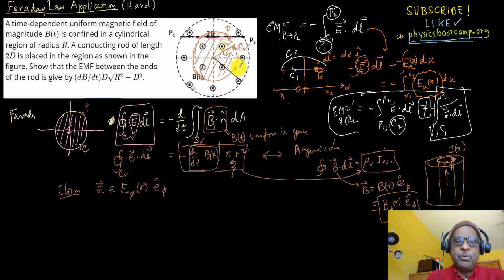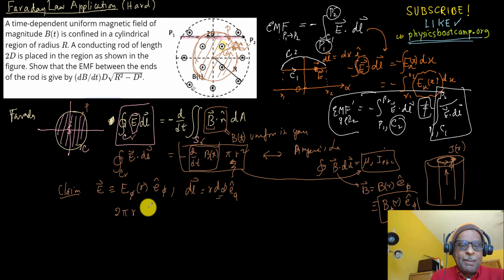So if I go out here, if you look at the dl by a small component, dl will simply be r d phi E hat phi. So if I put it in there, I get 2 pi r from integrating on phi, and E, the phi component of the electric field.